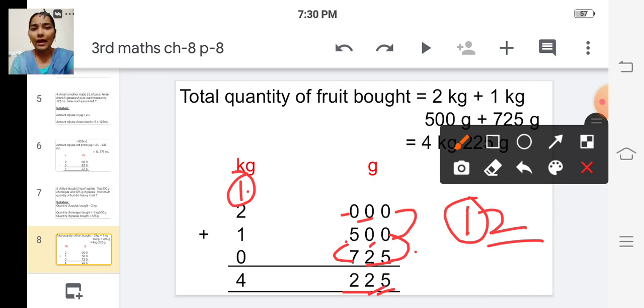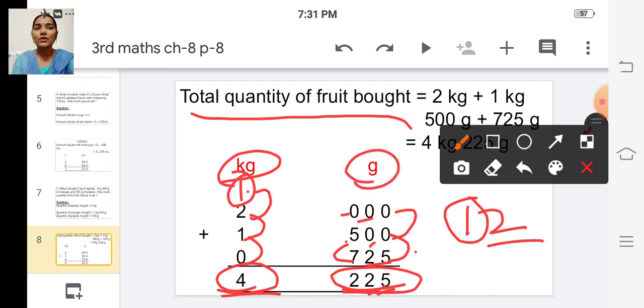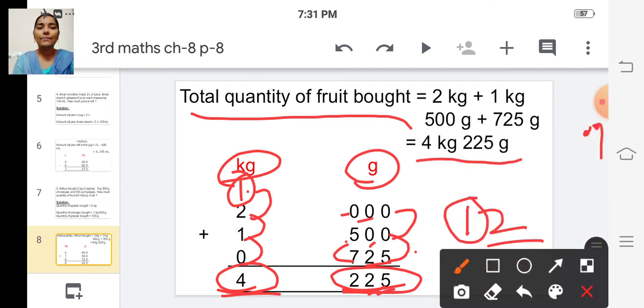Now add 1 plus 2 is 3 and 3 plus 1 is 4 and 4 plus 0 is 4. So what is the total quantity of fruit? It is 4 kilogram and 225 gram. This is the answer.